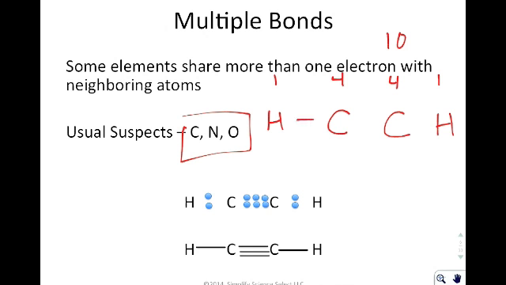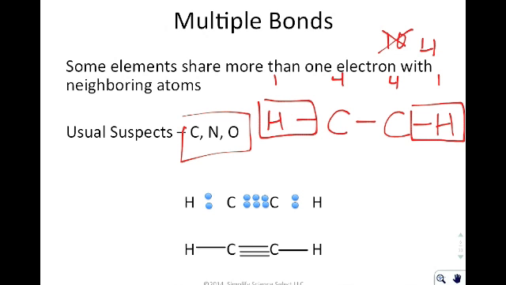So I can say connect, connect, connect. And what I did is I used 2, 4, 6 electrons, because remember, each bond is a pair of electrons. What that means is I have 4 electrons left in order to satisfy all of these atoms. Now remember, hydrogen's good. Hydrogen's got 2 and it's happy.